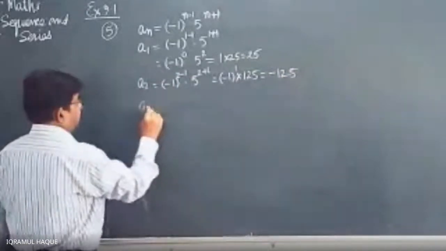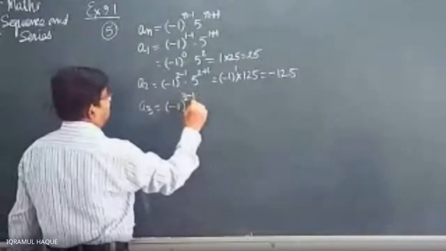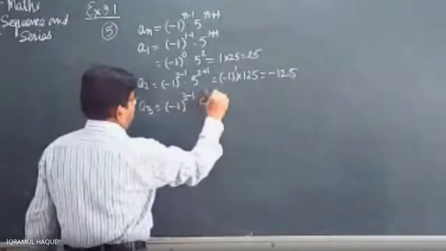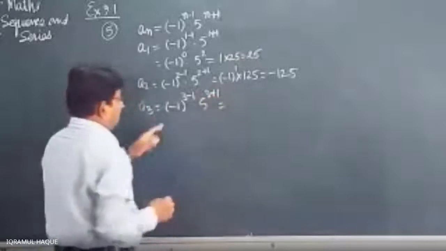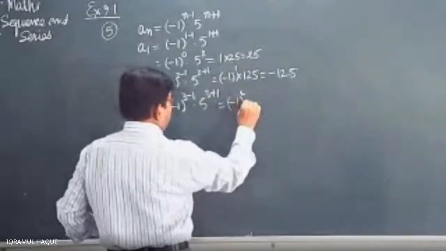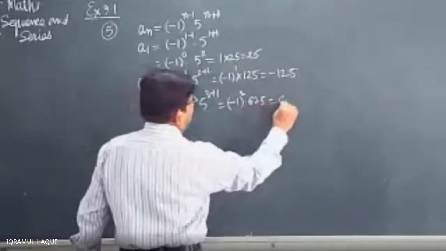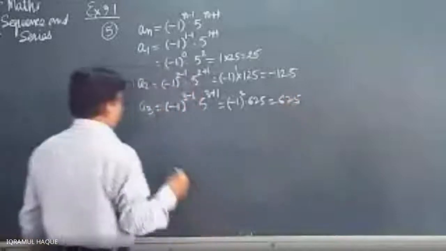A3 is (-1)^(3-1) and 5^(3+1). So we have (-1)^2, which is 1, into 625, which means 625.